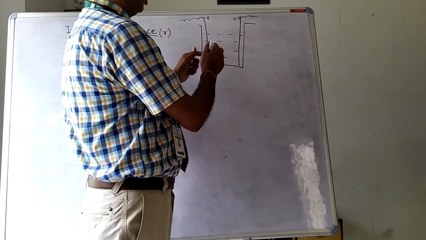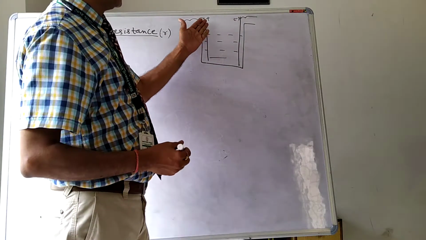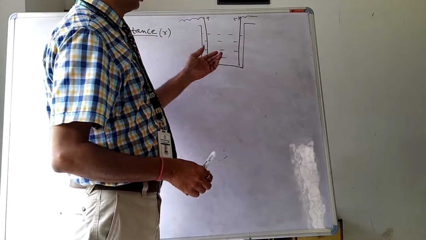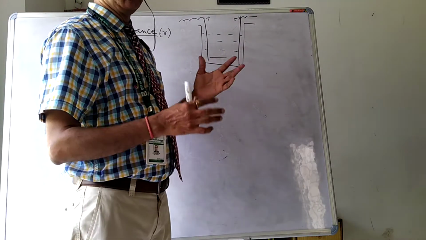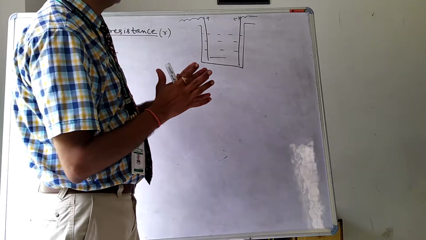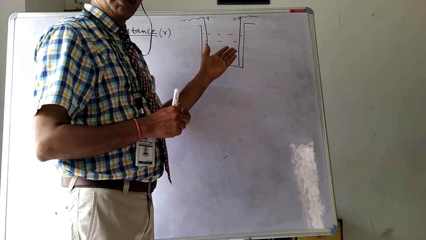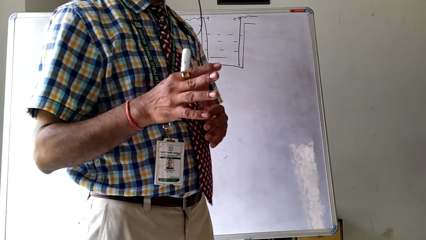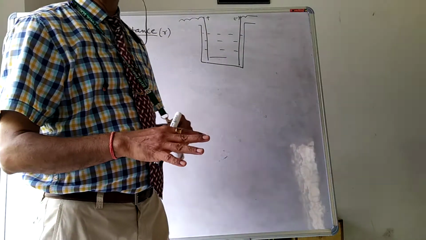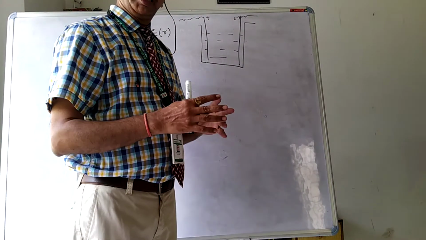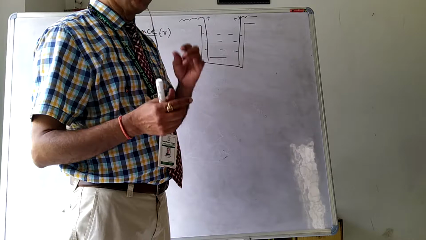When we increase the area, the internal resistance will decrease. When the separation between the plates is decreased, the internal resistance will decrease. When the electrolyte is ionic, the internal resistance is less, and when it is covalent or organic, the internal resistance is more.